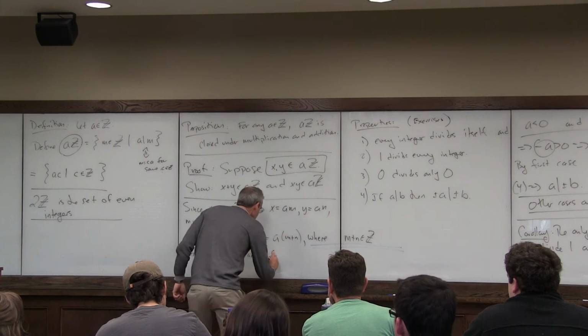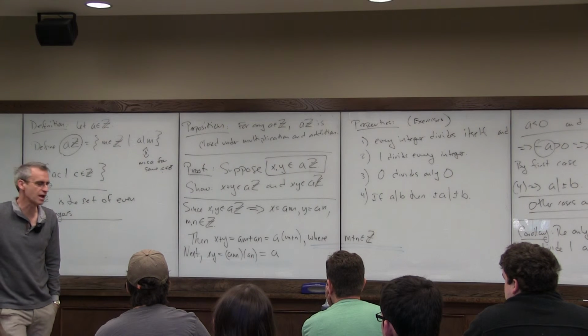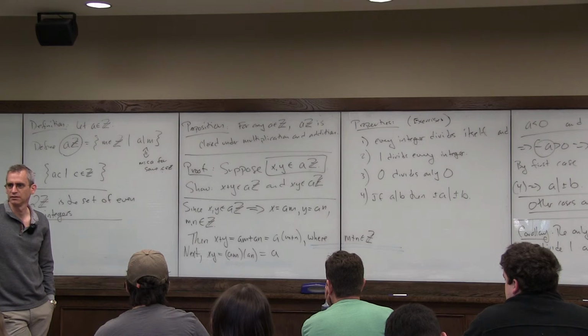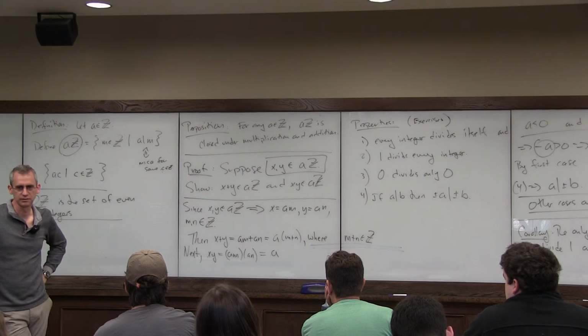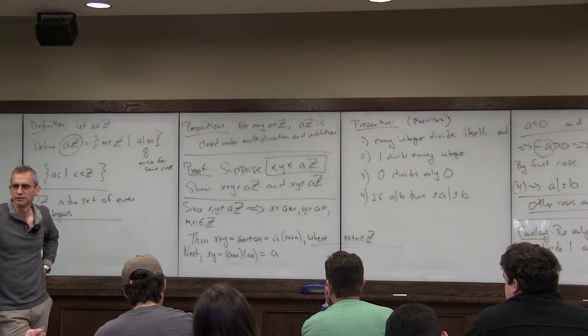Well, I like that start. Oh, somebody wants to, I didn't hear who it was, but somebody wants to factor out A squared. Why would I do that? What is it I'm trying to say about xy? It's an element of AZ.